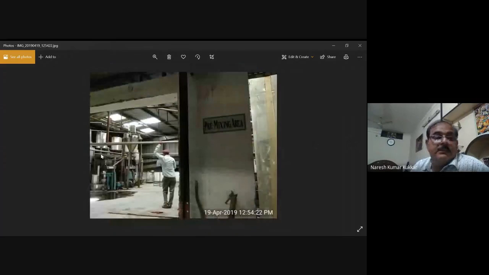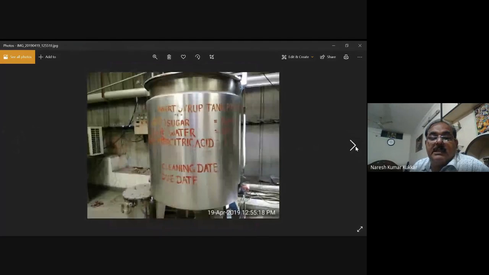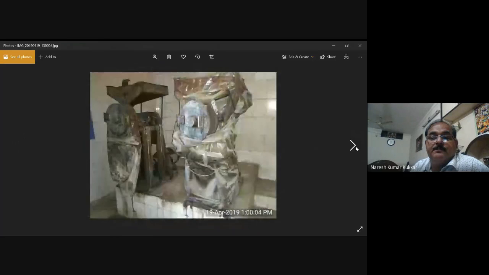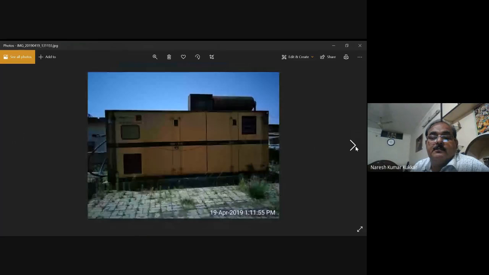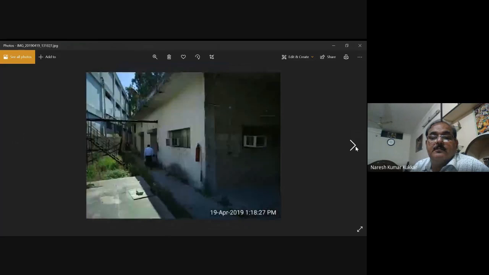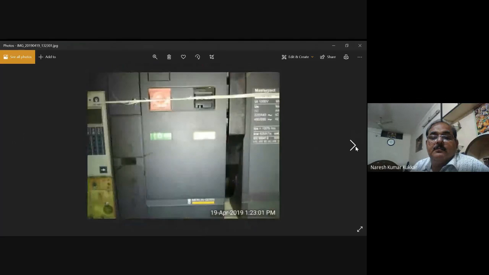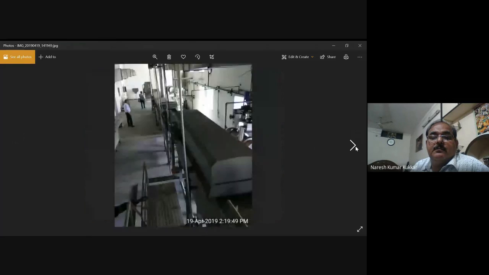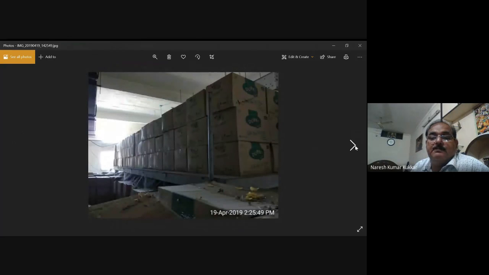The chips are created. Biscuits. These are biscuits, Marie biscuits. Syrup is applied on top. Chips created by the company.